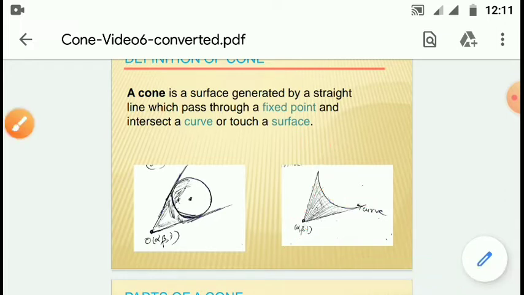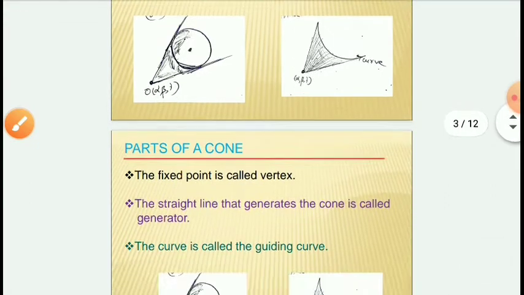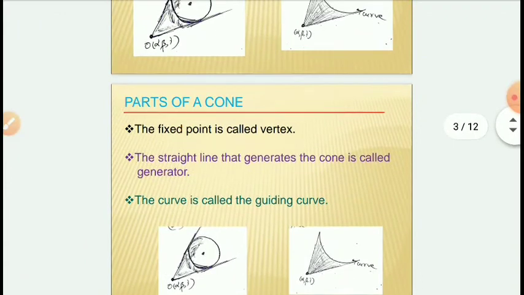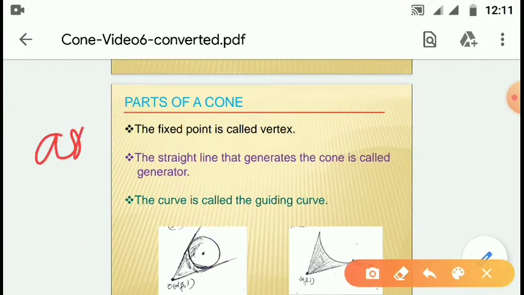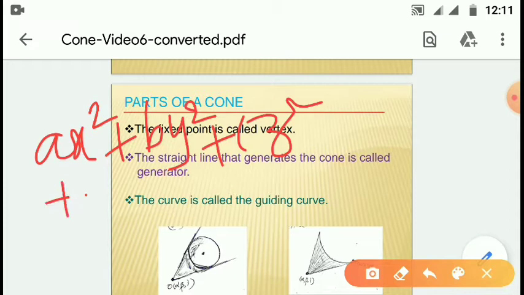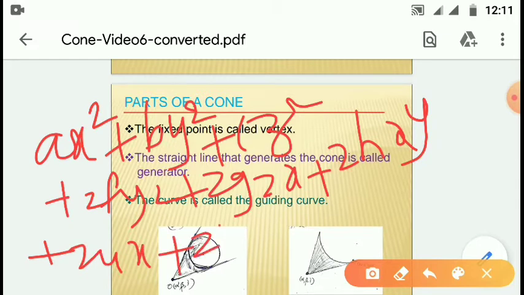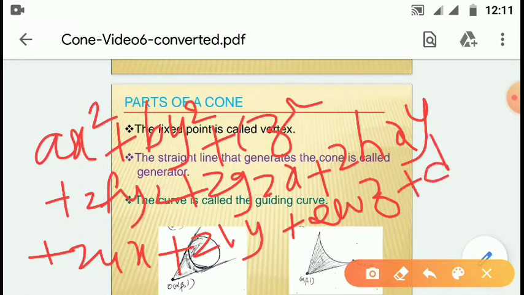So what is a quadratic cone? Quadratic cone means a second degree equation ax square plus by square plus cz square plus 2fyz plus 2gzx plus 2hxy plus 2ux plus 2vy plus 2wz plus d is equal to 0.